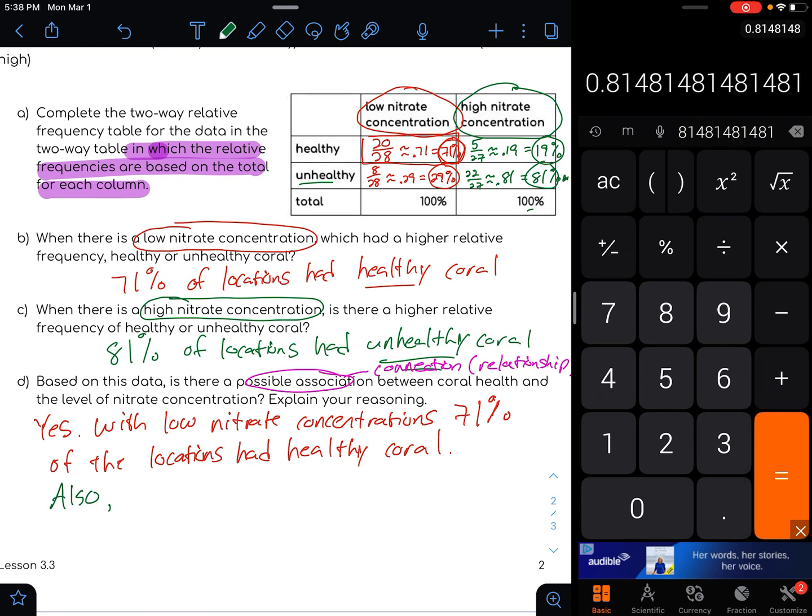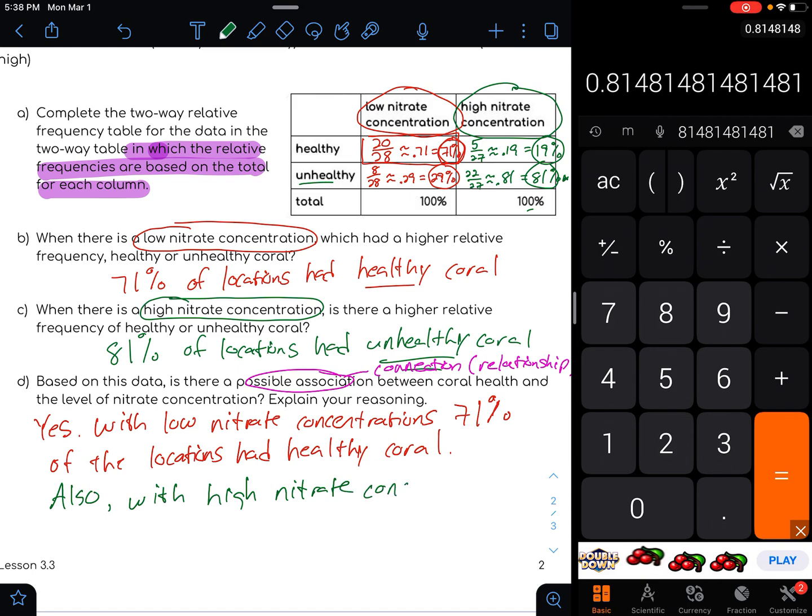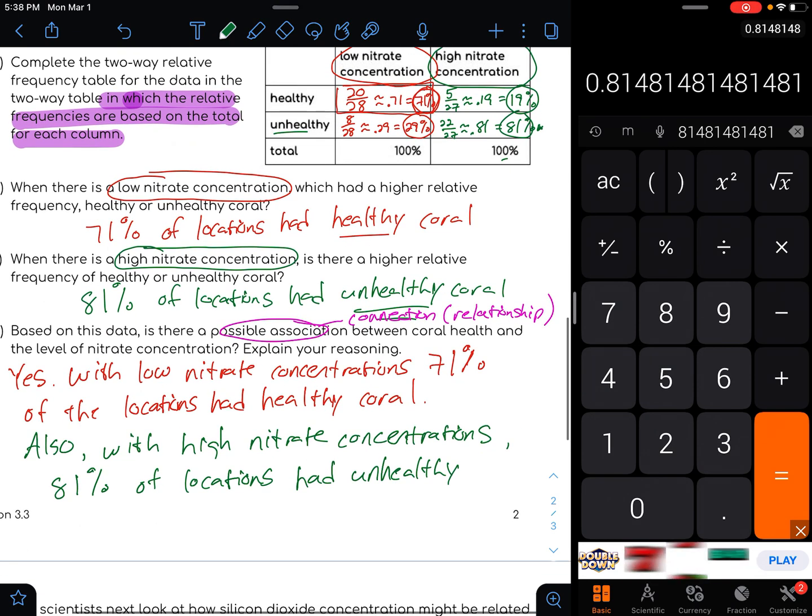Also, with high nitrate concentrations, 81% of locations had unhealthy coral.